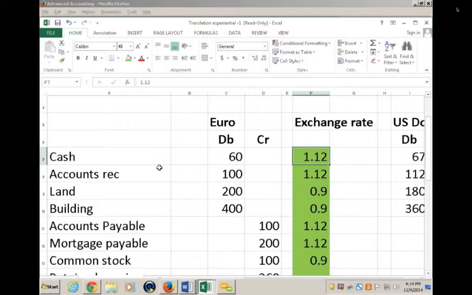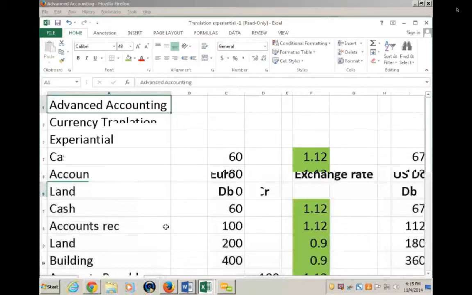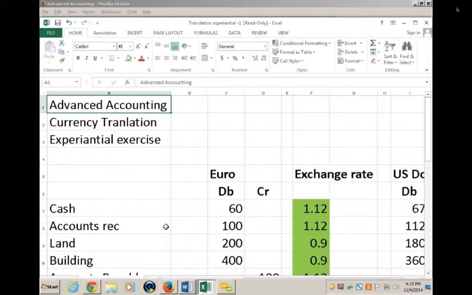Land, buildings, it's historical. That's a great question. Sandra is asking, why are we using the temporal method if the currency is in euro? The idea is that the foreign currencies are always going to be foreign, but the question is what's the functional currency, right? If we're using temporal, the functional currency must be USD.